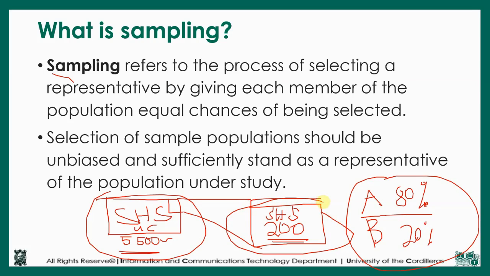The idea is that if you sample your participants well, you will have a group of participants who accurately represent your overall population.